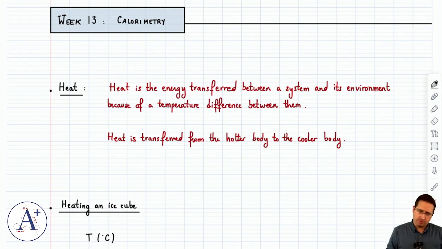Now, there's plenty of ways by which you try to prevent that, of course. Dual pane windows, insulation, a lot of other ways. But the point is, while you're trying to trap heat, the tendency is that the heat will want to flow out because heat flows from the hot body to the cool body. That's the direction of flow of heat.